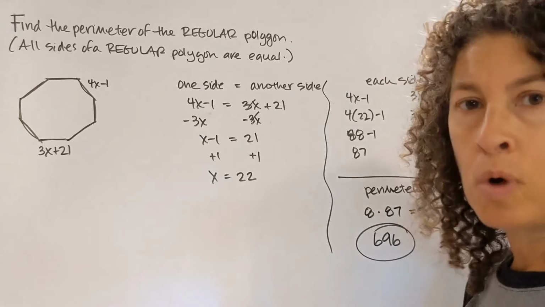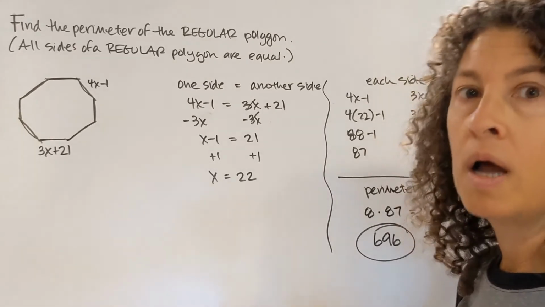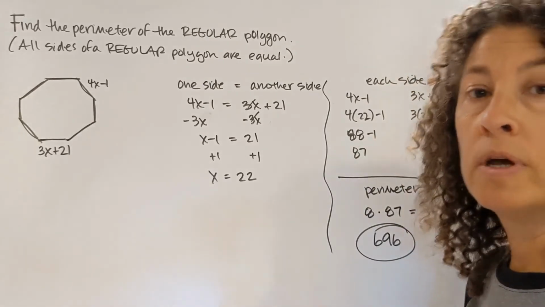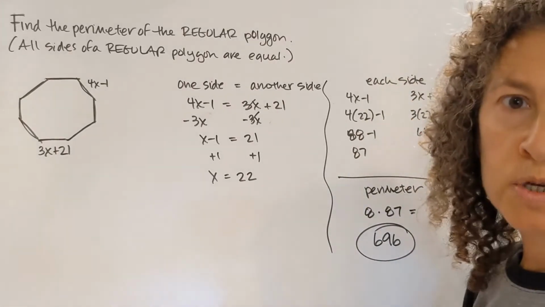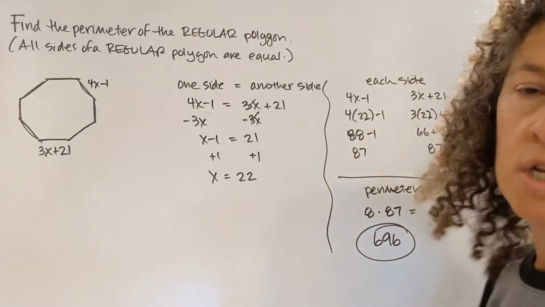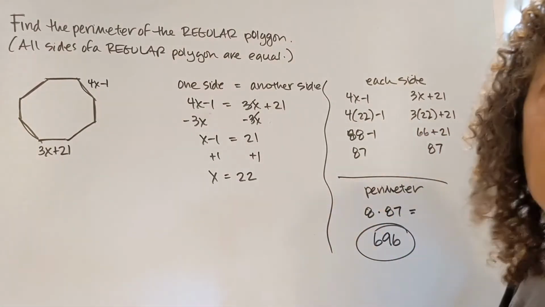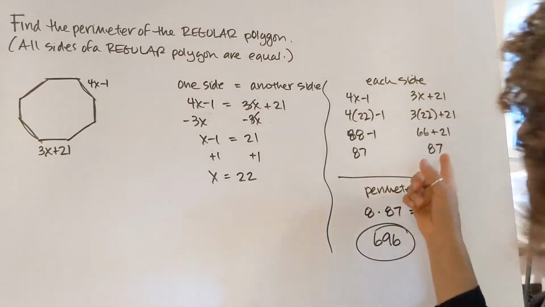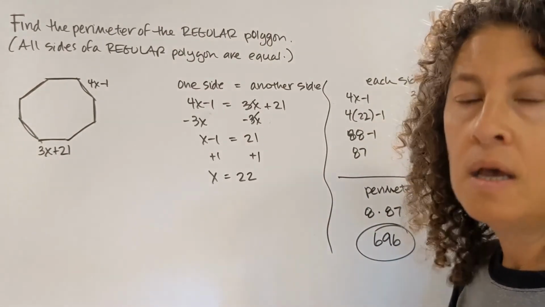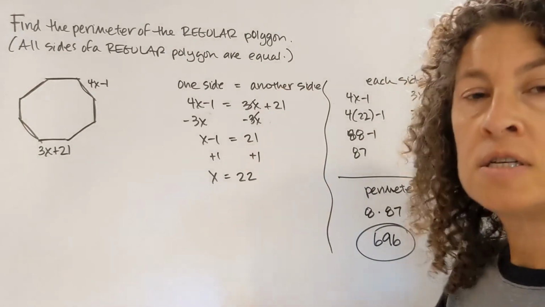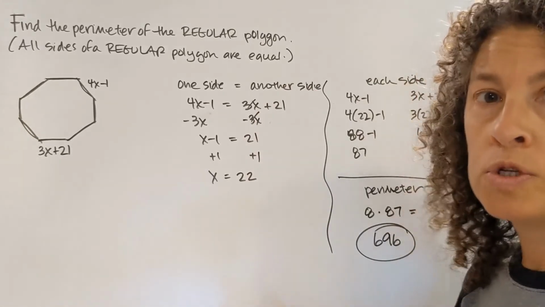Now, if I've done this right and 22 is the right number, I should get 87 for the measure of the other side also. So I'm going to plug 22 into 3x plus 21. So 3 times 22, that gives me 66. And 66 plus 21 gives me 87. That's what I was hoping for, a value for x that gave me a distance for each of those sides that made them equal to each other.